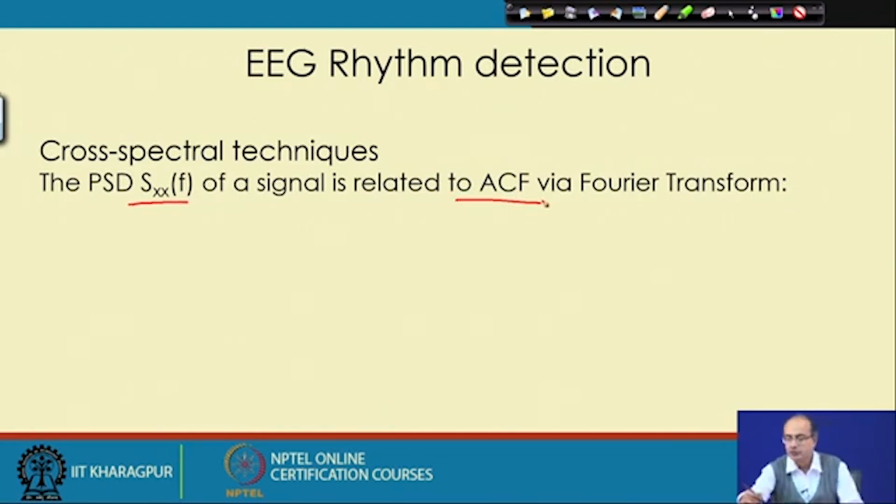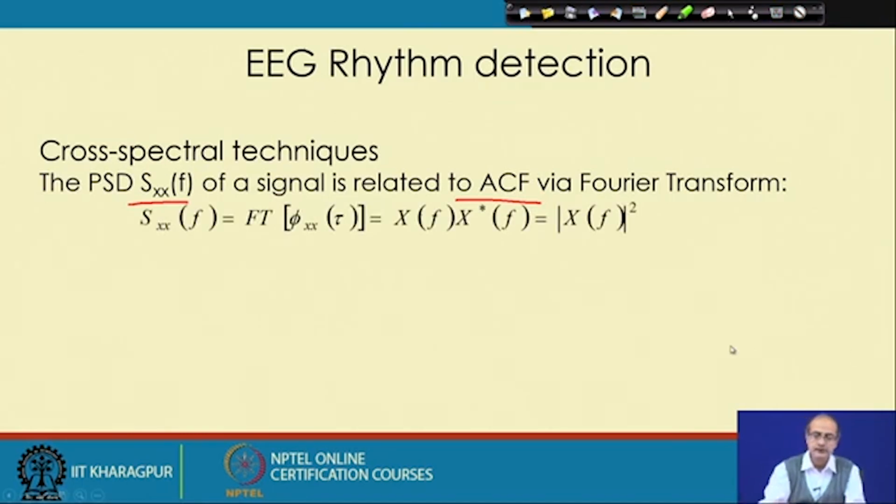Okay. Now, for that, this is the formula that is given: we can take the Fourier transform of the autocorrelation function, or simply we can compute the Fourier transform of the signal and take the dot product of that Fourier transform and its conjugate.